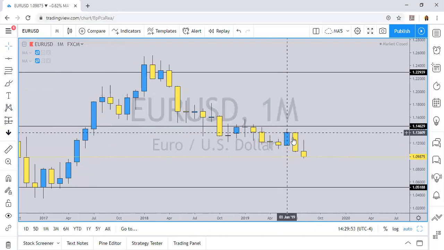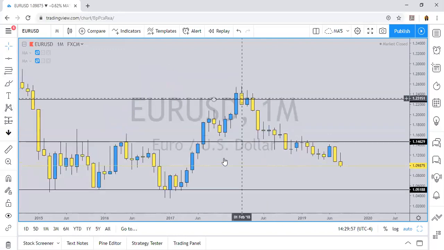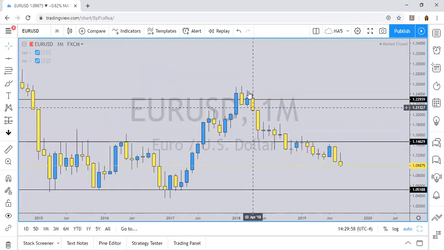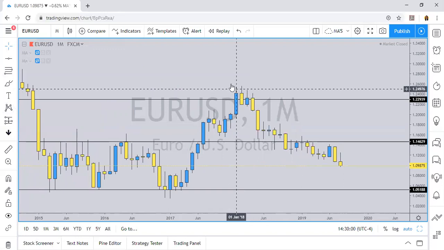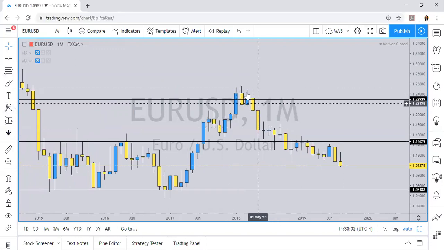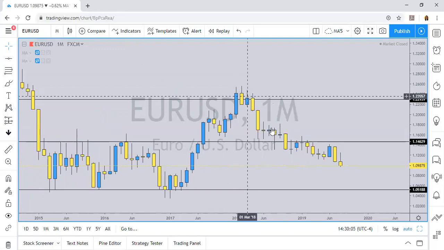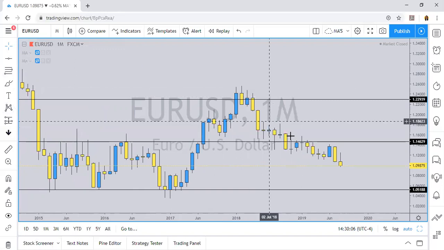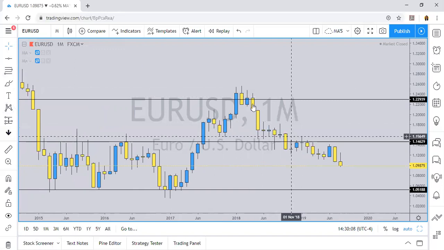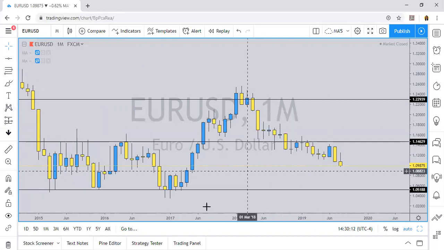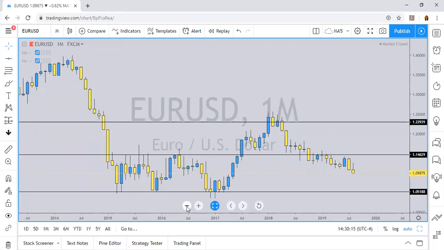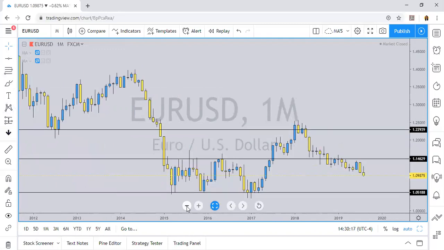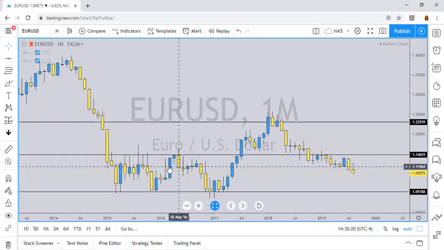So first thing I see here, currently, I see that right now the market on this right-hand side, we're on a downtrend here. Now, it could go one of two ways, actually.